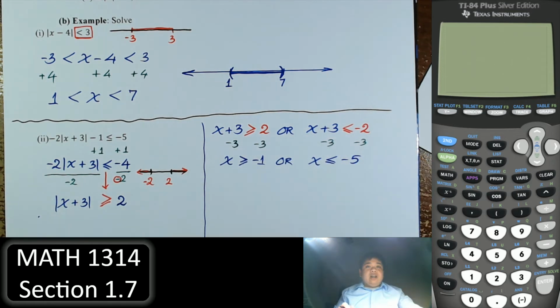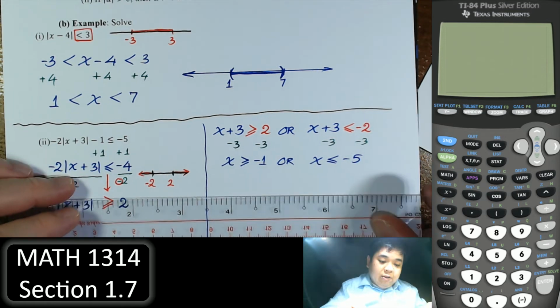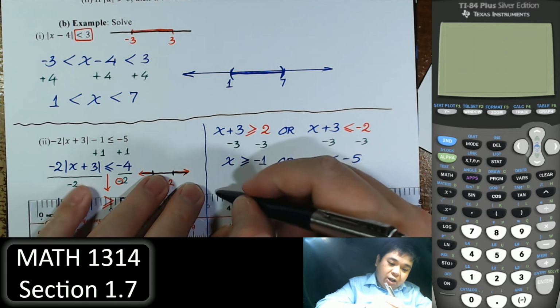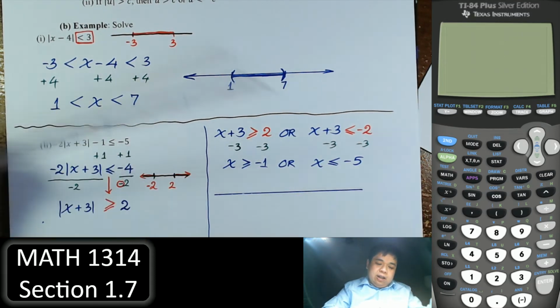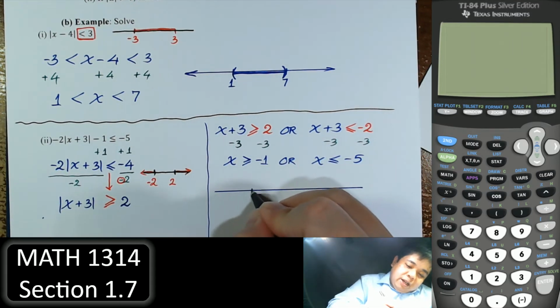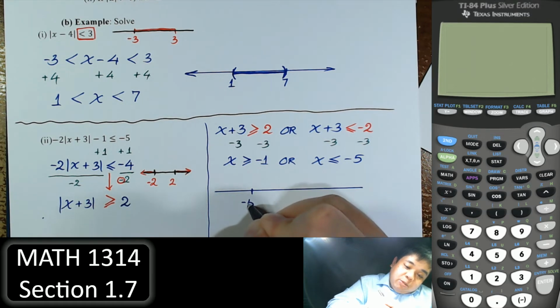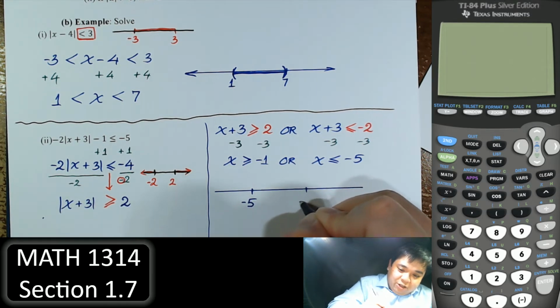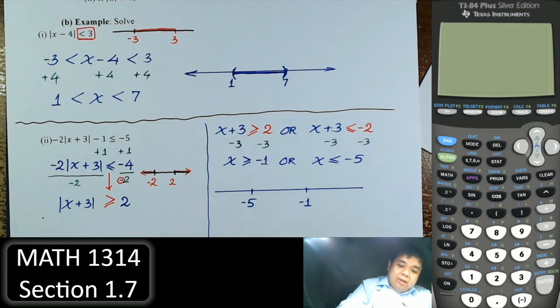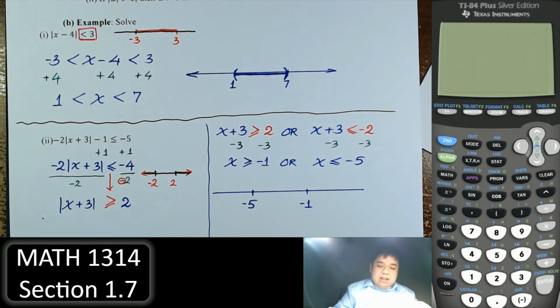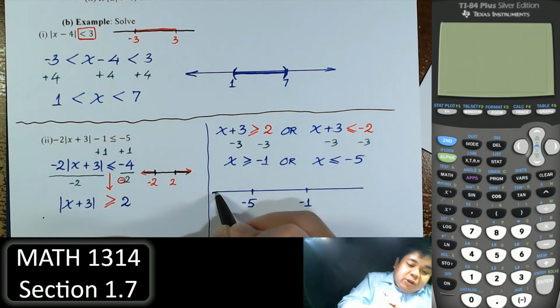So outside of -1 and -5. Just draw a line. Because -5 is less than -1, make sure we put this in the right order first. And then next, we have less than -5. When we draw this, the answer should be on the outside.